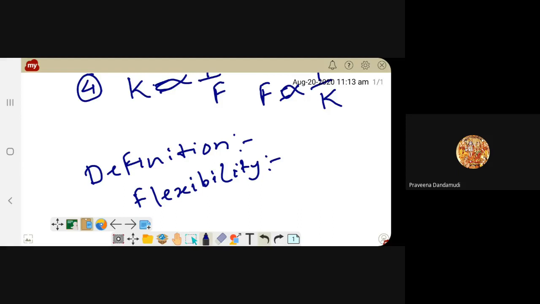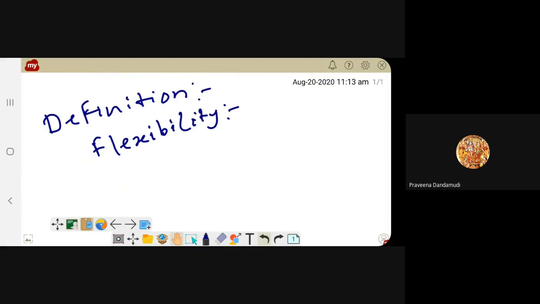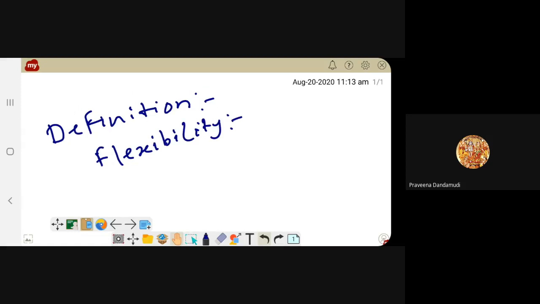Meanwhile, if you have any doubt regarding this, you just ask in the presentation itself. Definition of flexibility. You just write down: flexibility is the displacement produced. I'm just writing the definition of flexibility.